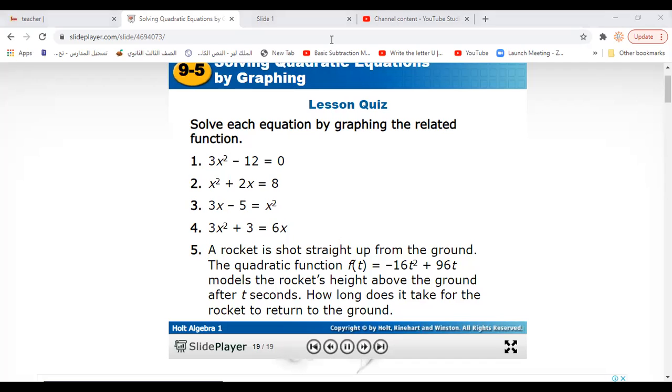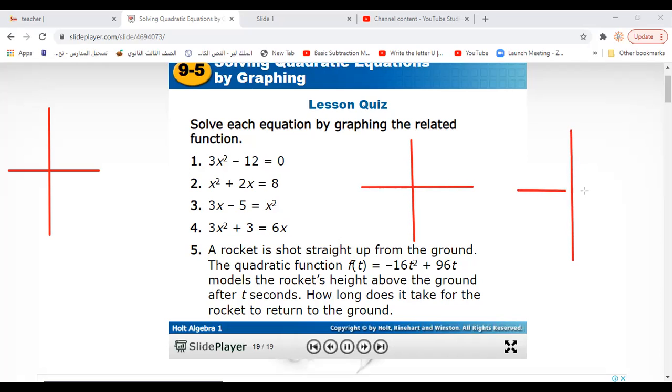So we have different shapes of the quadratic equation. As I said, we have 3 cases. The parabola may intersect at 2 points like this.